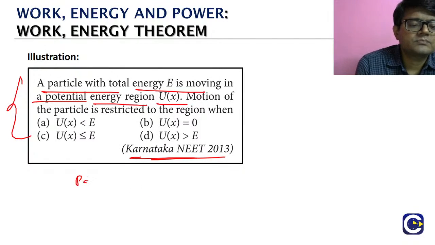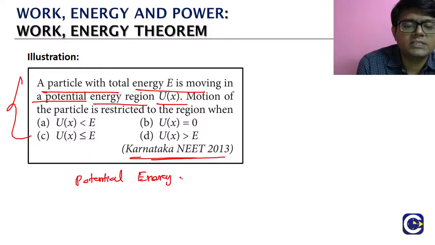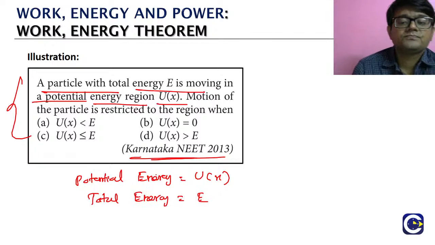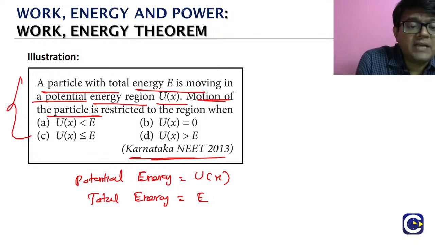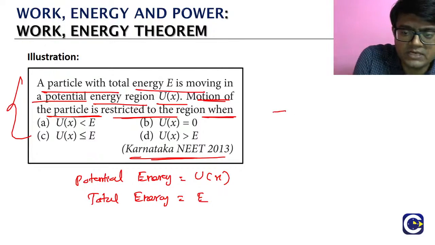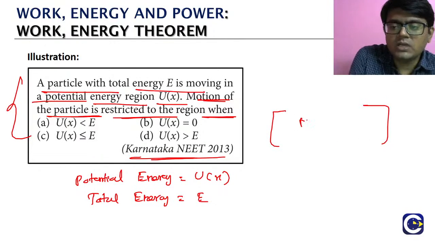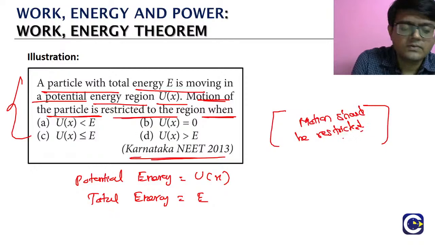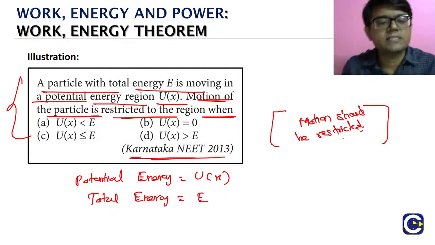Look here, what have they given? They have given the potential energy term, U(x). The total energy is E. The motion of the particle is restricted to the region they have taken; the motion of the particle should be restricted to that region.